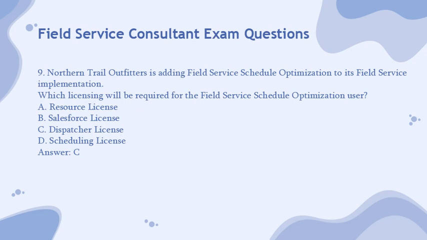Northern Trail Outfitters is adding field service schedule optimization to its field service implementation. Which licensing will be required for the field service schedule optimization user? A. Resource license, B. Salesforce license, C. Dispatcher license, D. Scheduling license. Answer: C.